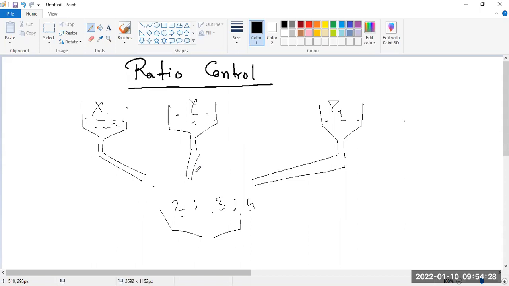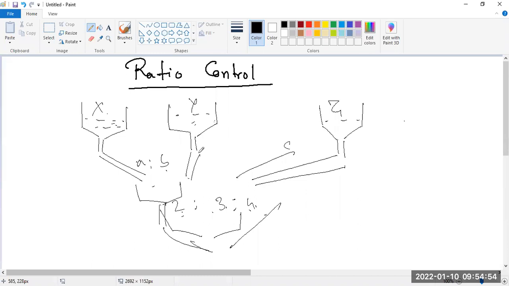In this way, if I control this, then this blend becomes 2 is to 3 is to 4. Or sometimes we do some first loop control, then a bigger loop. Say X and Y are first taken as some ratio, say A is to B, then this is added with C, then it becomes 2 is to 3 is to 4. So in this way we control the ratio.